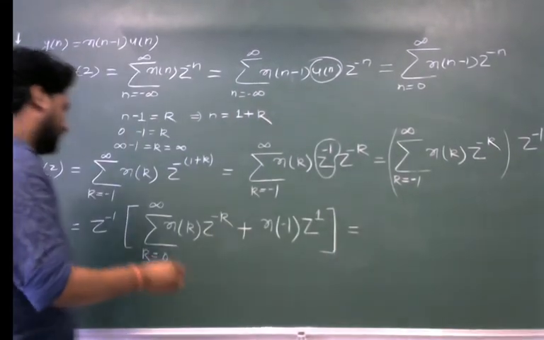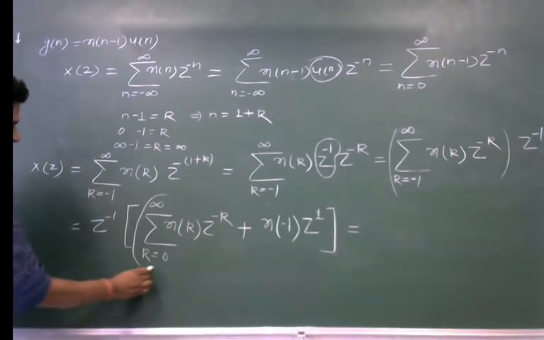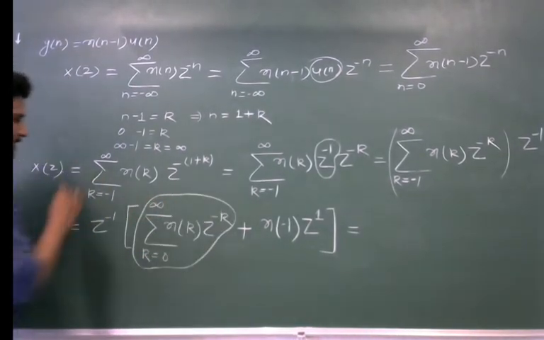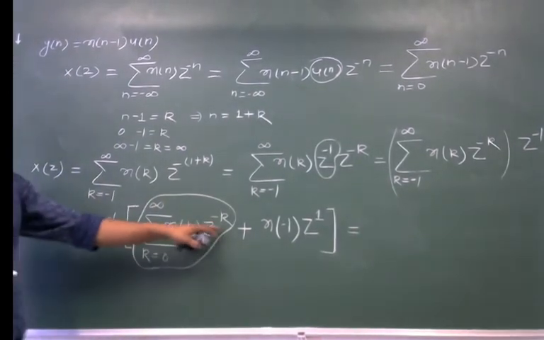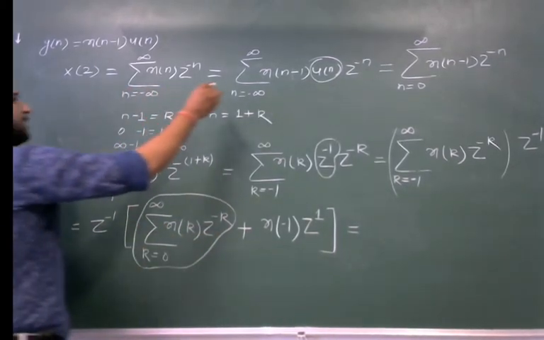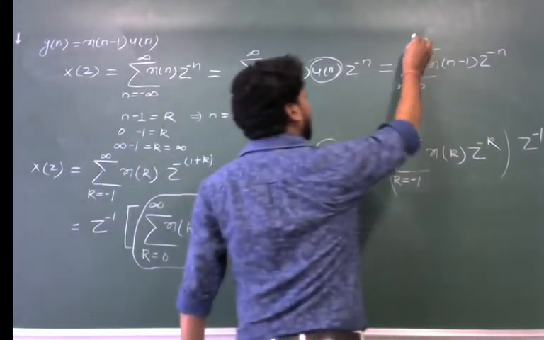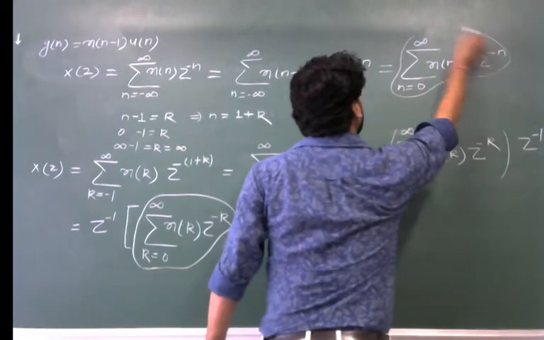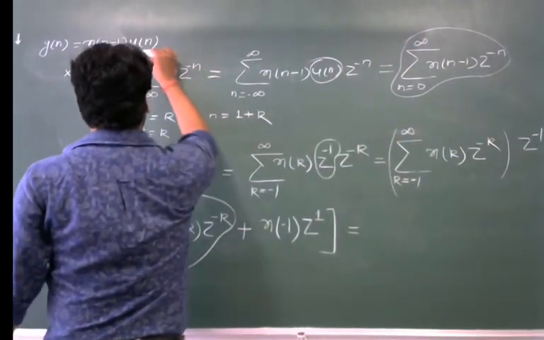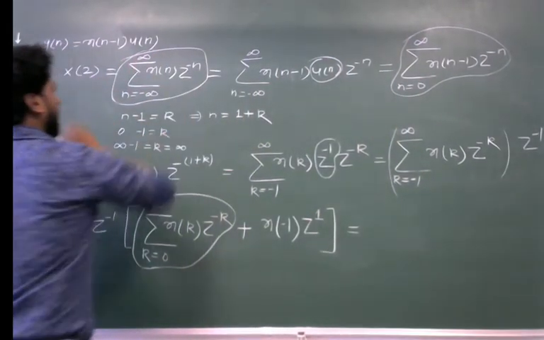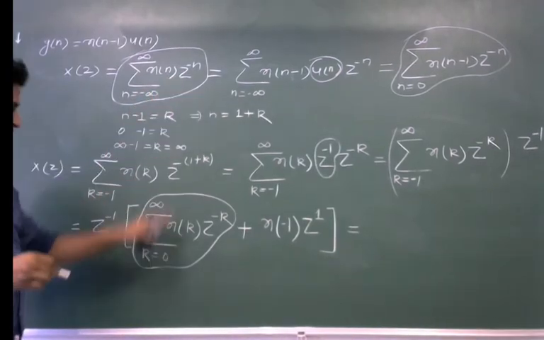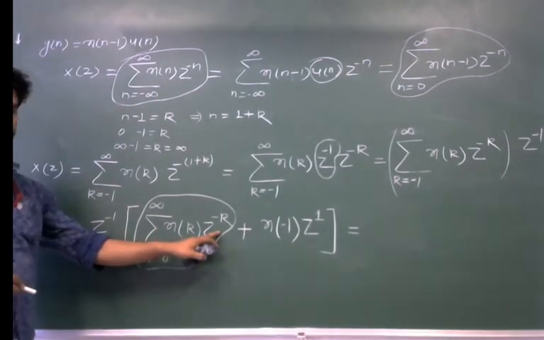Now this term, the sum from k equal to 0 to infinity of x of k into z power minus k, is the same as the formula of the z transform, x of n into z power minus n. Here it is x of k into z power minus k.